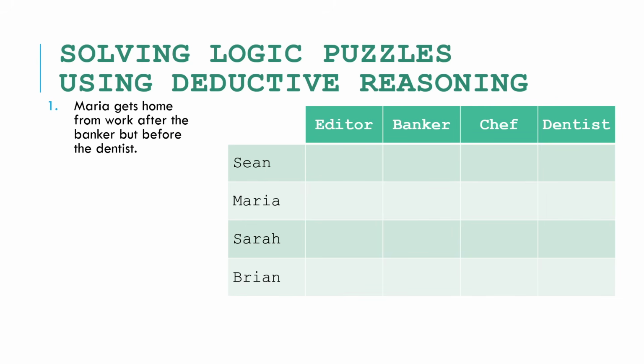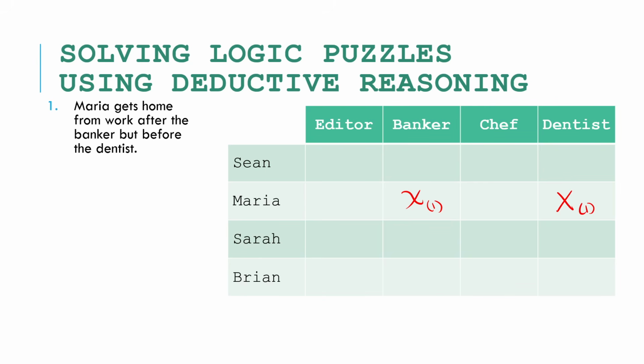We can deduce that Maria is not the banker and she's also not the dentist because she gets home from work after the banker and before the dentist. So we need to put an X on the intersection of Maria and those two occupations, and that's here for the banker, X, and then we'll put 1 here that represents this is X from our first clue, and here for the dentist from our first clue as well.